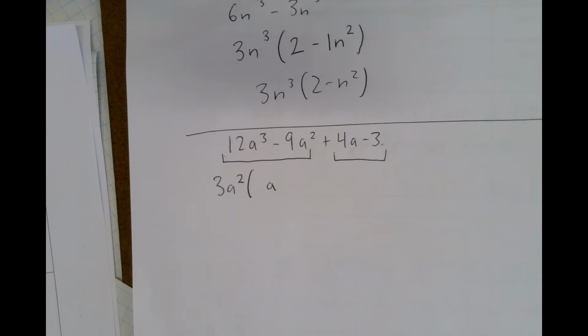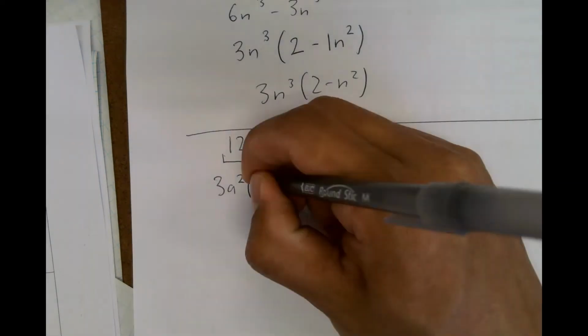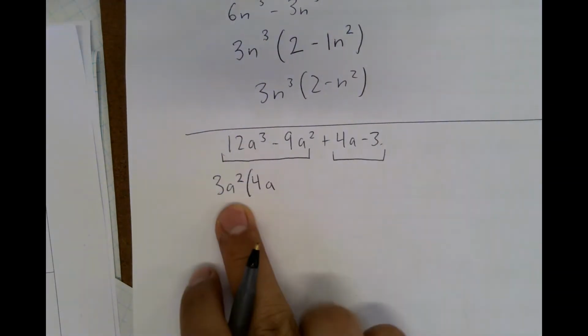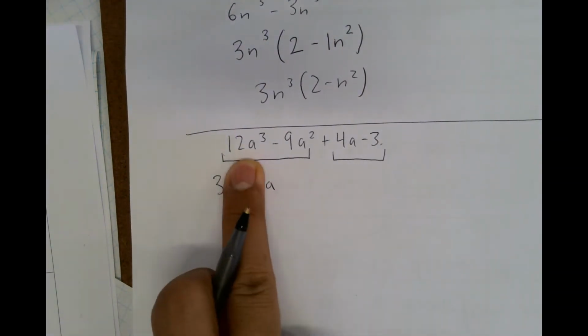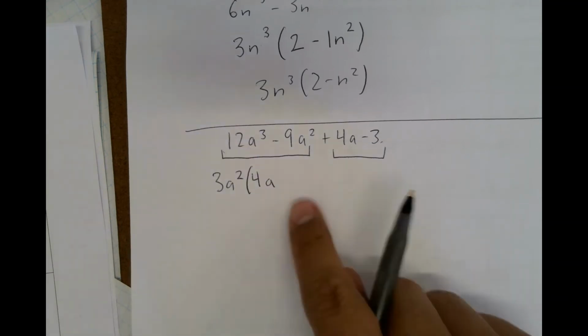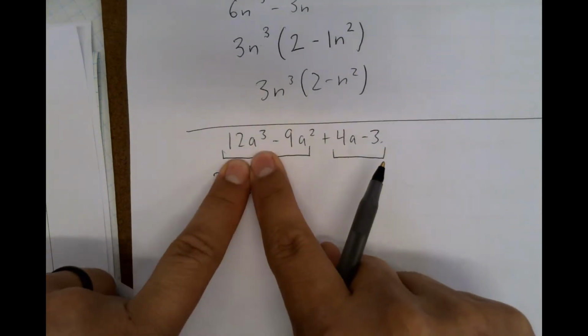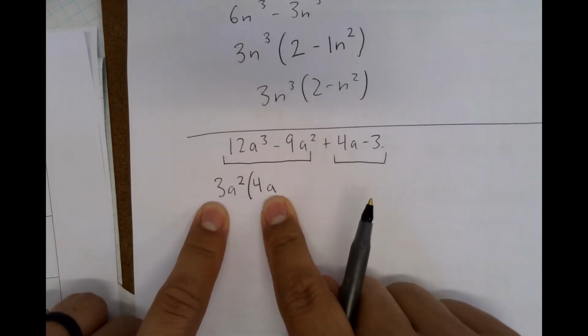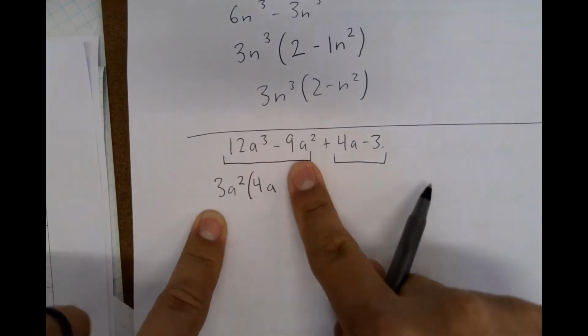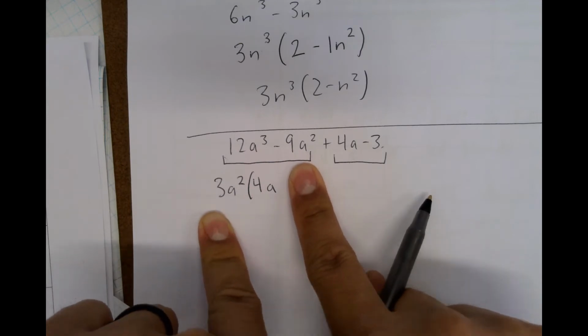Plus 4a. Right, 4a is left. So essentially what we're saying is that 3a squared times 4a is equal to 12a to the third, right? These two multiplied equals the first term, right? So we're breaking it down. And then if we take 3a squared from negative 9a squared, what are we left with there?